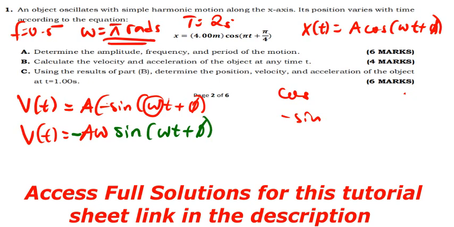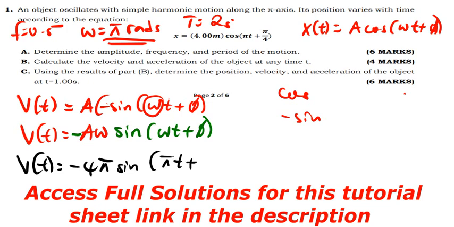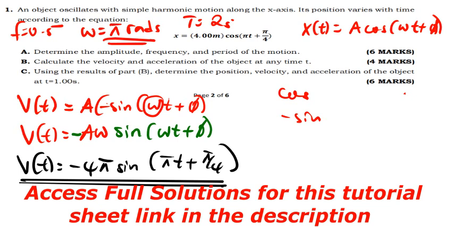Now we can plug in the values. v(t): A is 4, w is pi, t is just t, phi is pi over 4. So this is the answer for the first part.